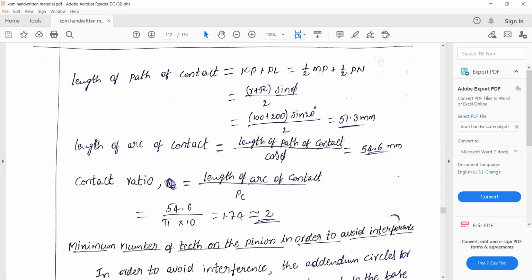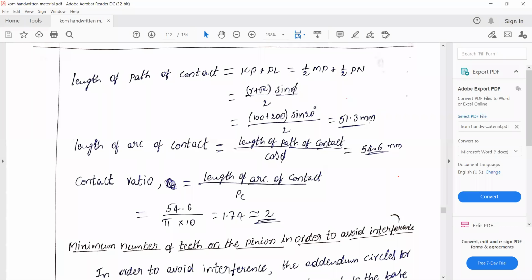That is already known: half MP plus half PL means (small r plus capital R) sin phi by 2. Substituting the values in this equation, 51.3 mm arrives. Now that we have the length of the path of contact, the arc of contact equals path of contact by cos phi.